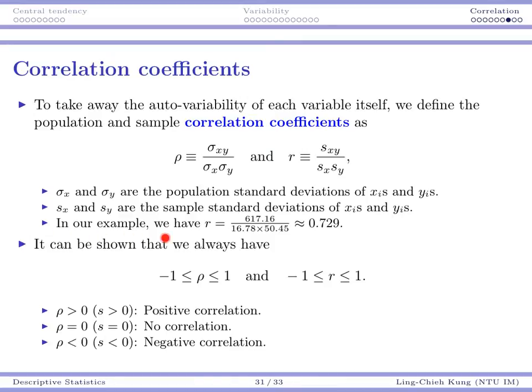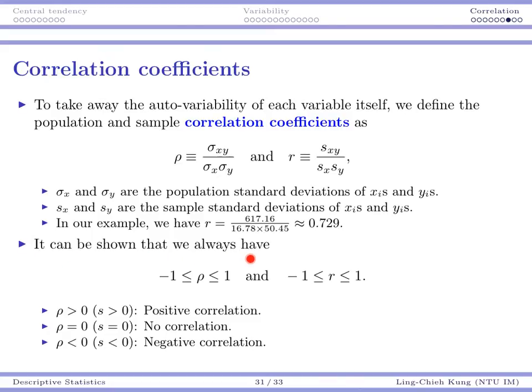In our example, we are talking about sample correlation, so we use the sample standard deviation for each variable. Once we complete this division, we get 0.729 as our sample correlation coefficient. Rho and r are widely used for the population and sample correlation coefficient.